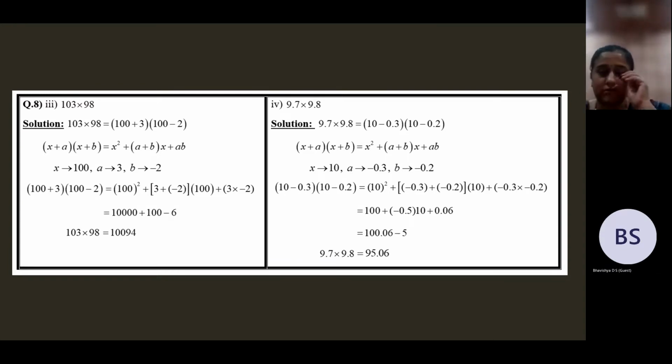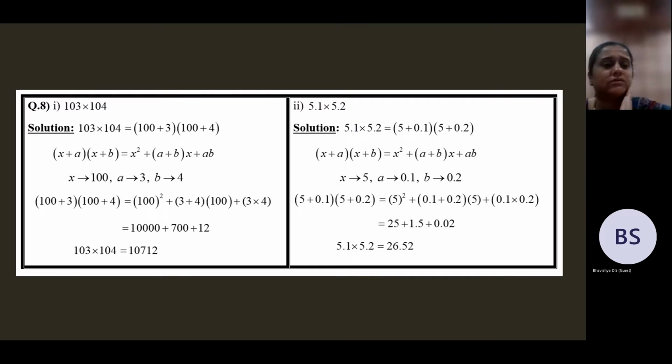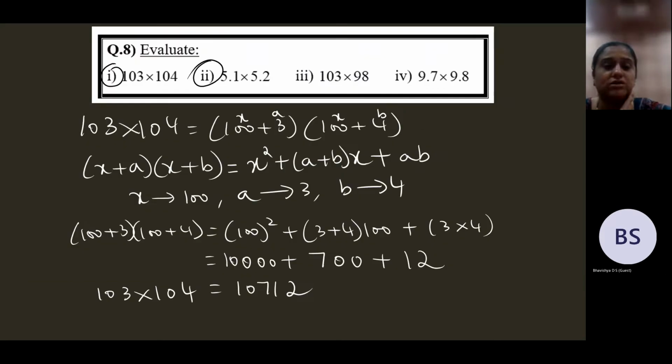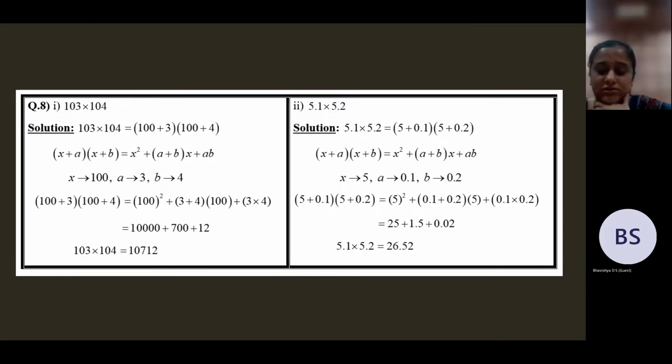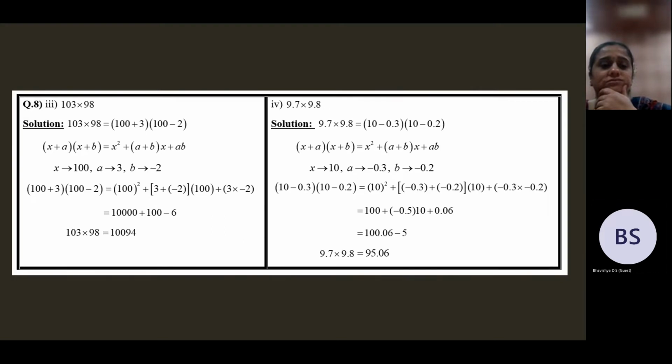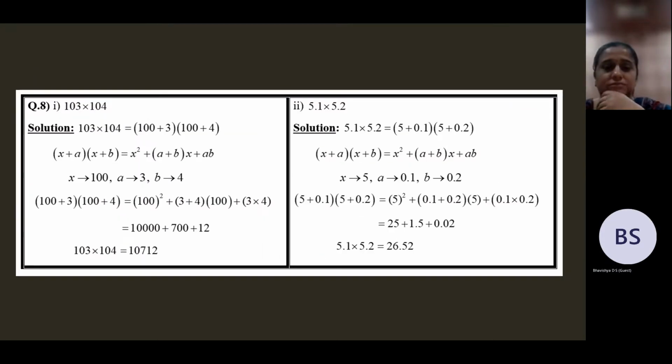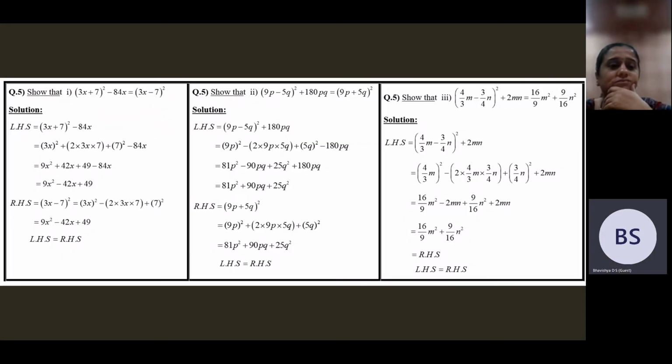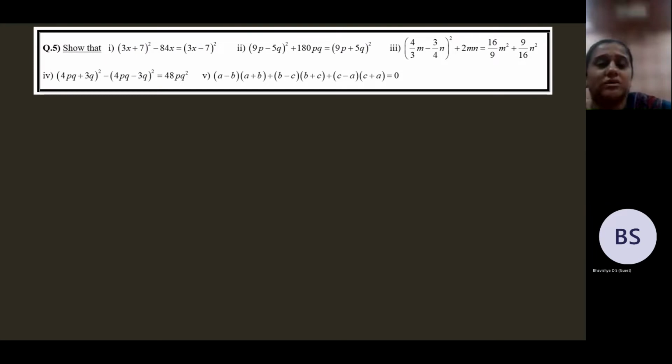Fine. You can take a screenshot. You can try what you have not completed in the class. Yes, ma'am. Done? Yes, ma'am. Yes, Bhavishya. Please try the fifth one here.